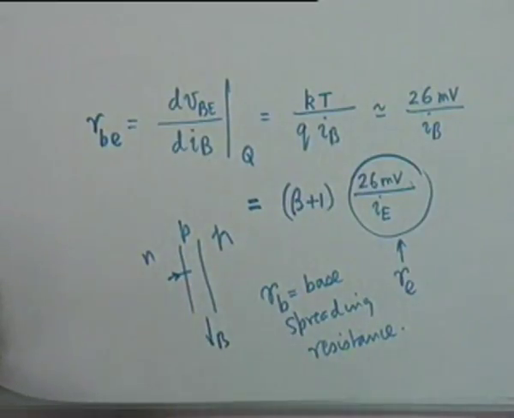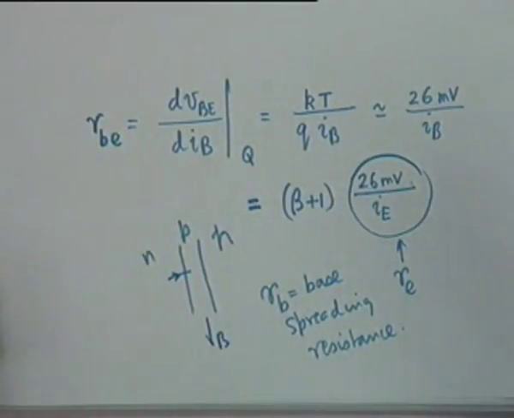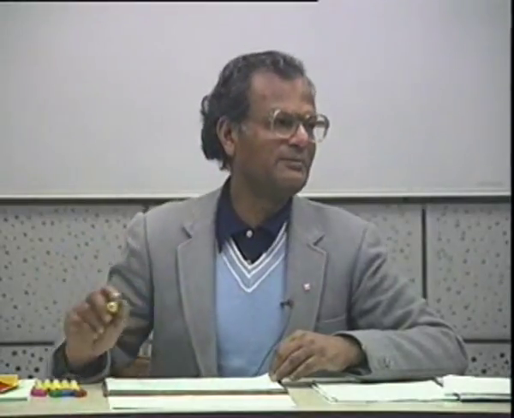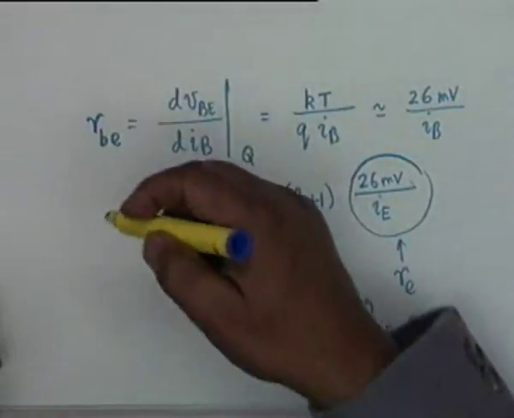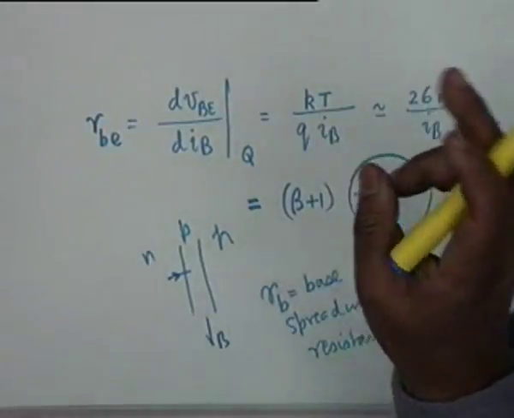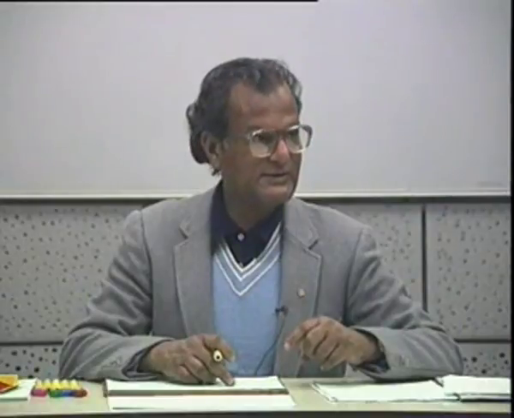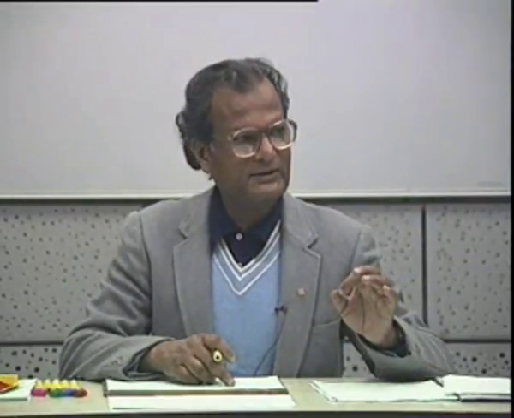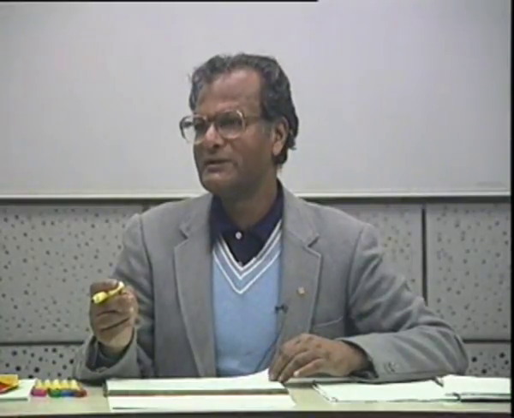Now conceptually, any current coming to the base terminal must go through the width of the base, and that resistance will come into effect, whereas RBE is not a physical resistance of a material, it is not rho L by A. It is the resistance occurring because of the semiconductor junction diode.